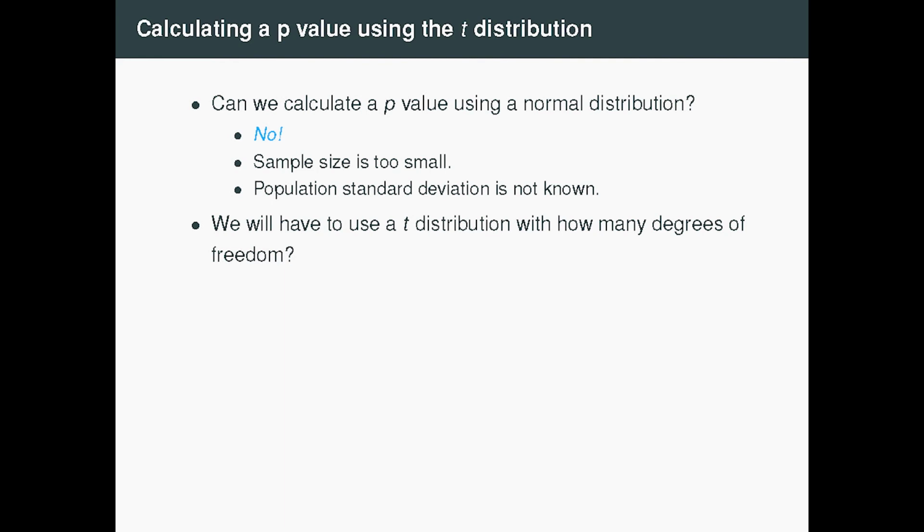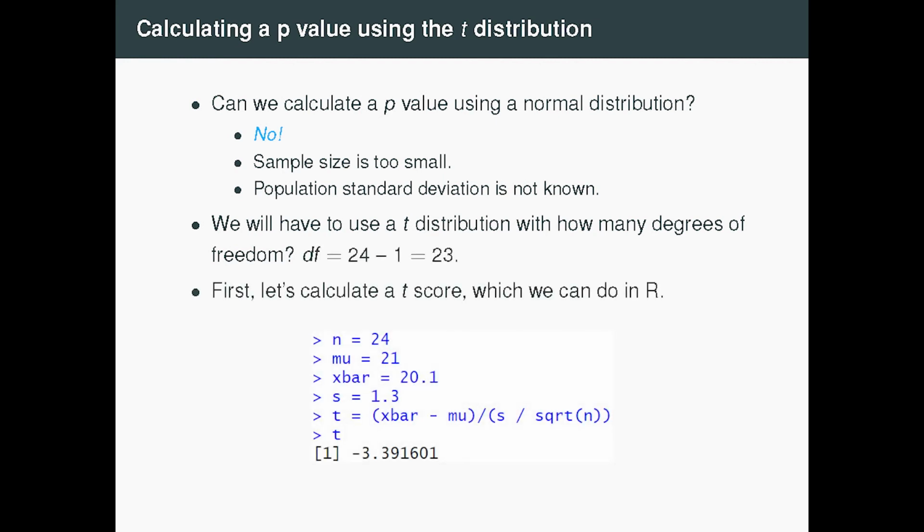So first, we need to calculate a t-score before we can calculate a probability from the t-distribution, which can be done in R. So again, our sample size is 24, our assumed mean is 21, our observed mean is 20.1, our observed sample standard deviation is 1.3, and so using all of that information, we plug it into our t-score formula to get that t is equal to negative 3.39.